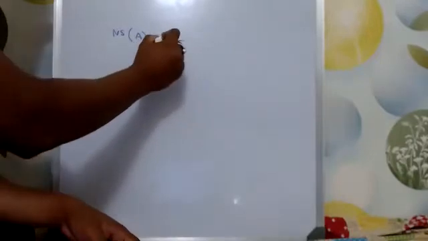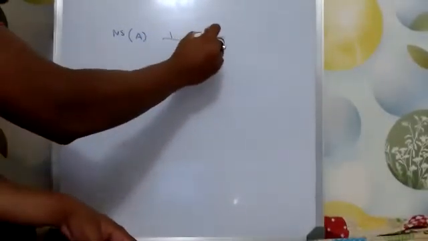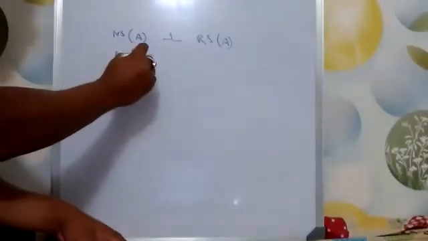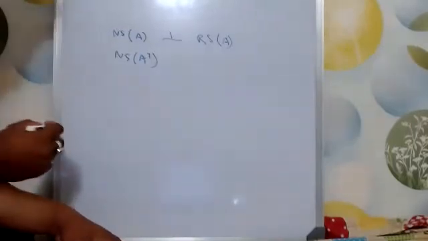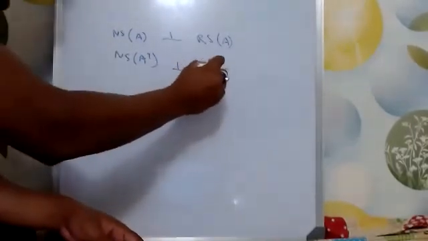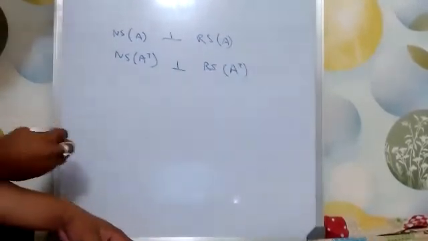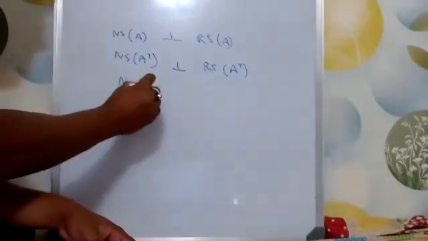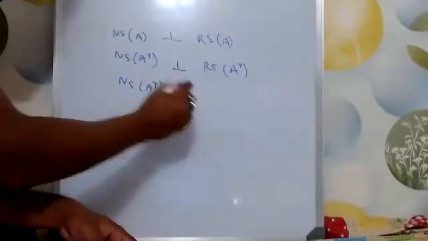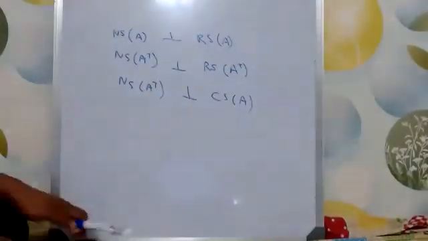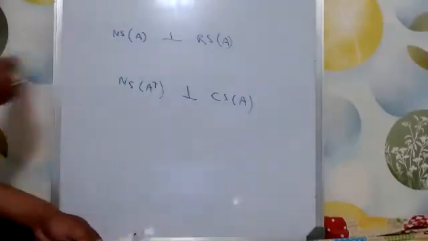Another is that the null space of A is always perpendicular to the row space of A. The null space of A transpose, the left null space, is always perpendicular to the column space of A. So this intermediate step you can forget.